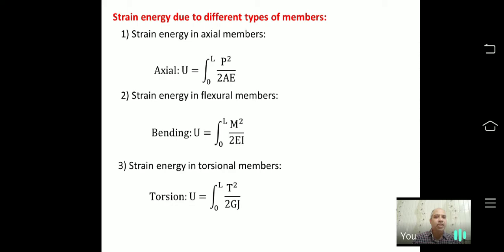And strain energy in torsional members, we have U is equal to integration 0 to L T square upon 2 GJ. You can see AE is axial rigidity, EI flexural rigidity, and GJ torsional rigidity.